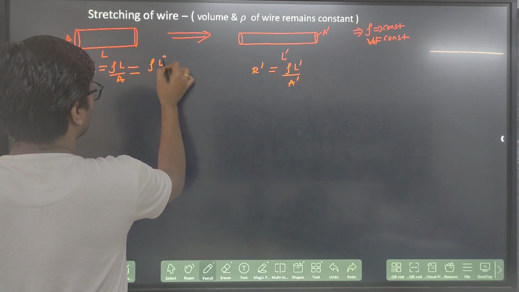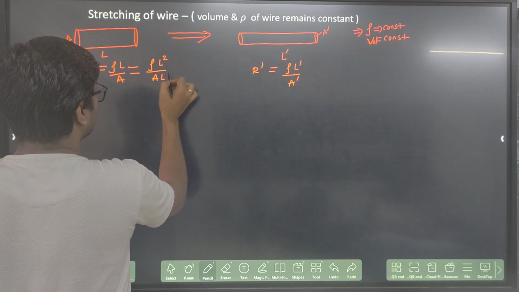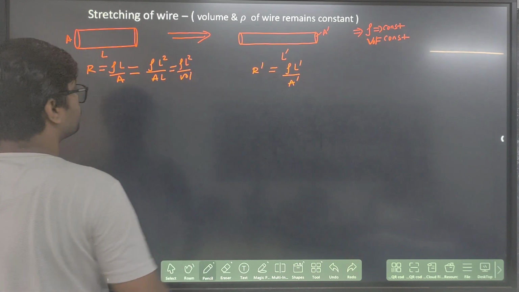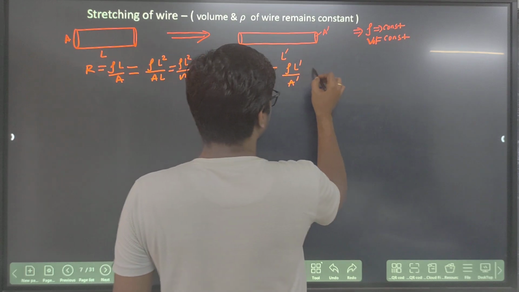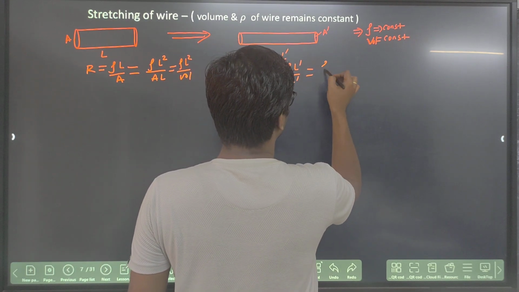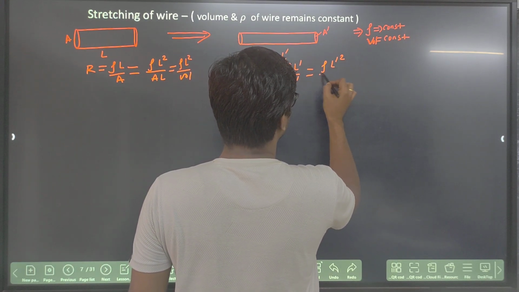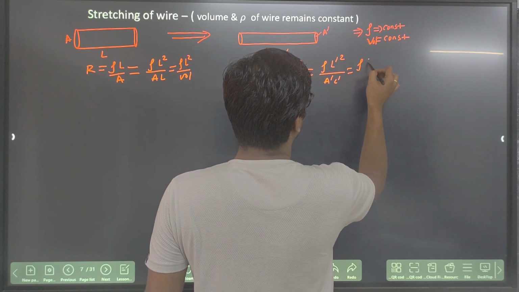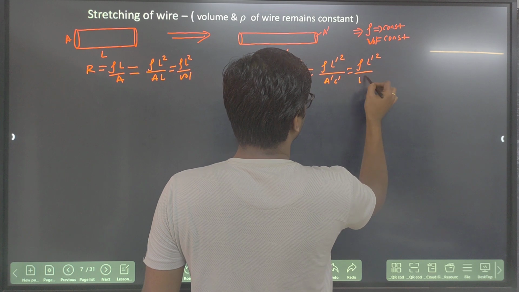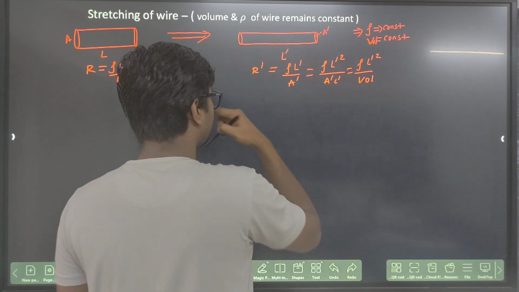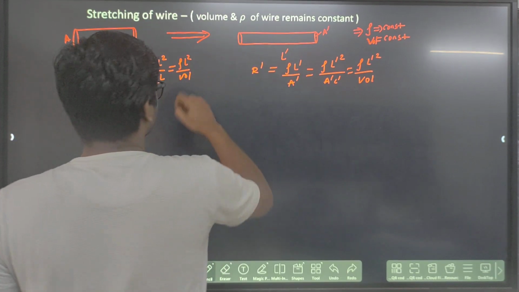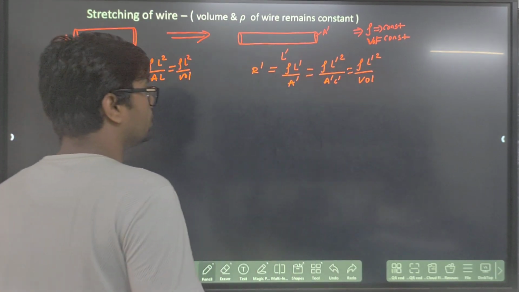This will be rho L square divided by A into L, which gives you rho L square by volume. Here I multiply L dash on numerator and denominator. This is rho L dash square divided by A dash into L dash, which gives rho L dash square by volume. Right? So rho by volume is the same.